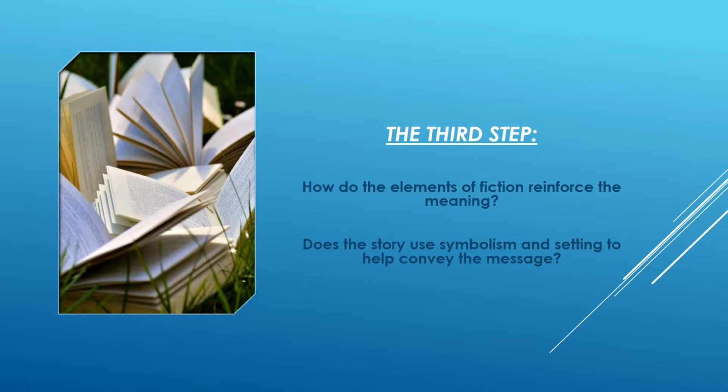Does the author use symbolism? Does the author use setting, plot, point of view, rhythm, meter, structure? A lot of choices, right? So you must identify how the author conveys that message. So once you have the topic, the message about the topic, and how the author does it, you are pretty much ready to sit down and write that essay.